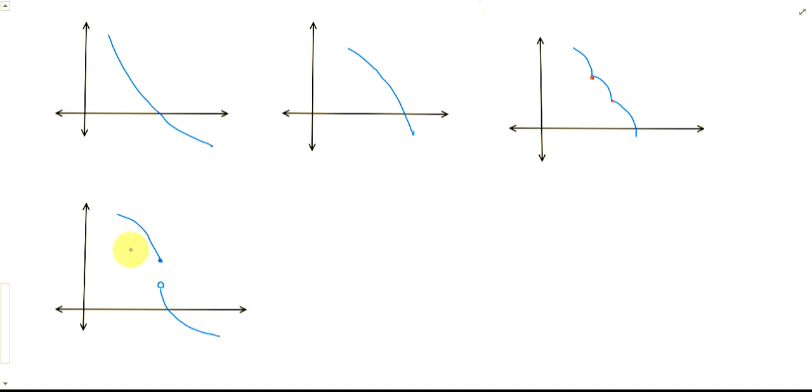So from these many graphs we find that for a function to be either strictly increasing or strictly decreasing, the function need not be continuous or differentiable. In fact, the graph must satisfy the condition of strictly increasing when we are saying that the function is strictly increasing, or the condition of strictly decreasing when we are saying that the function is strictly decreasing.